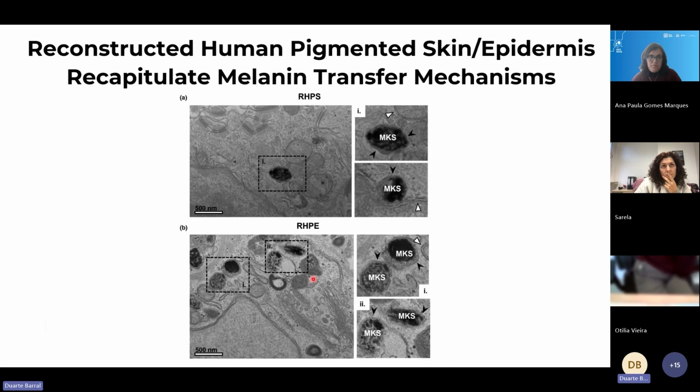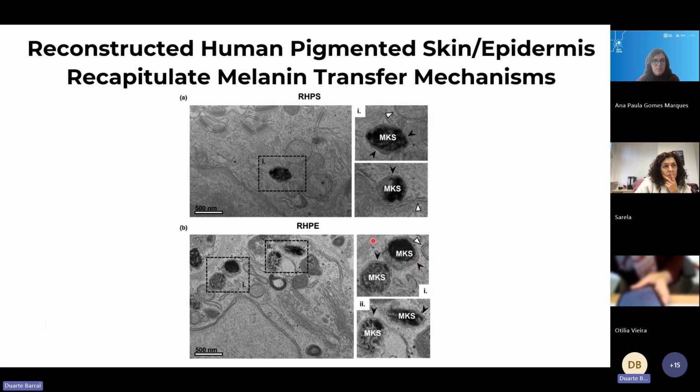And moreover, we saw that after being transferred, melanin accumulates inside the keratinocytes in these granules that we call melanokerosomes, MKs, to distinguish from melanosomes, because melanosomes are the organelle inside the melanocyte, and these are different organelles already. And so you can see here, both in the skins and in the epidermises, these organelles that we characterized.